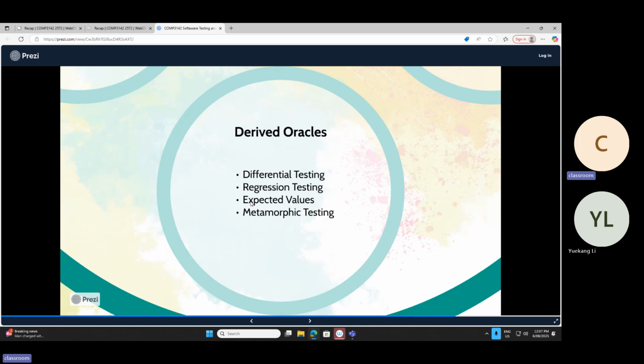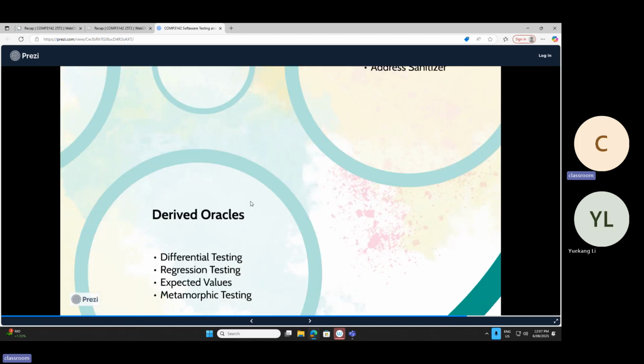And if this equation gets broken with the value we calculated, then it means that this implementation is definitely wrong. And that is the metamorphic relation here. So the basic idea here is to find equivalence or some observations about the target we are testing. So that's the idea of metamorphic testing.